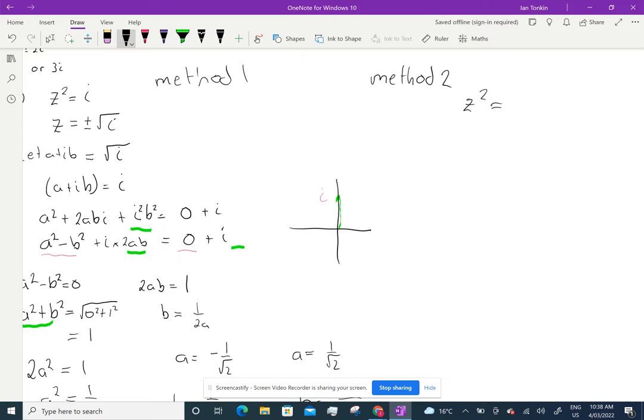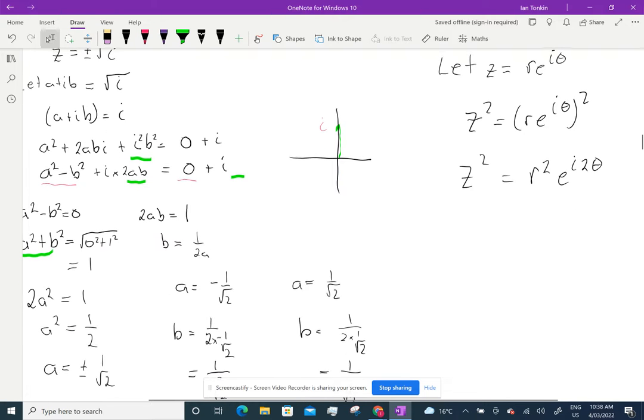z squared equals i, and we'll let z equal some complex number, r e to the i theta, where r is a modulus and e to the i theta gives me cis whatever the angle is. So z squared equals r e to the i theta all squared, which gives me z squared equals r squared e to the i 2 theta.